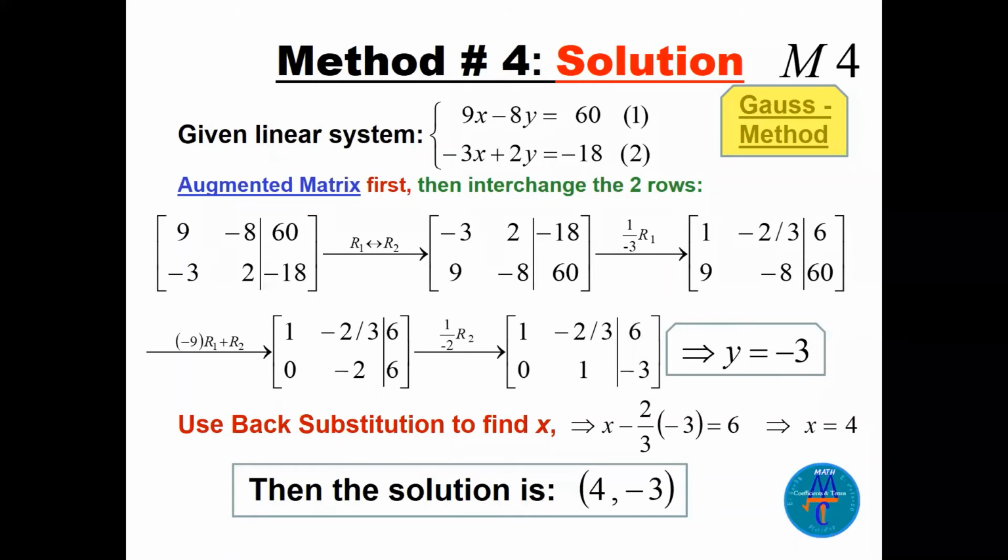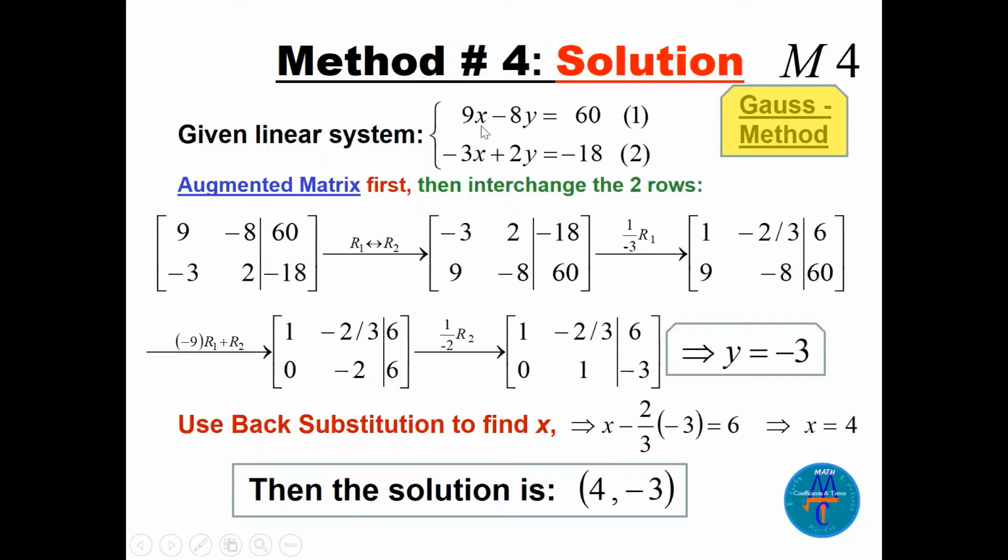Now let's see the same system, same example we started with, but now by using method number 4, Gaussian elimination. First we write the augmented matrix. What I mean by augmented matrix is I take only the coefficients and the constant numbers on the right side. So first, you have to rearrange the system.